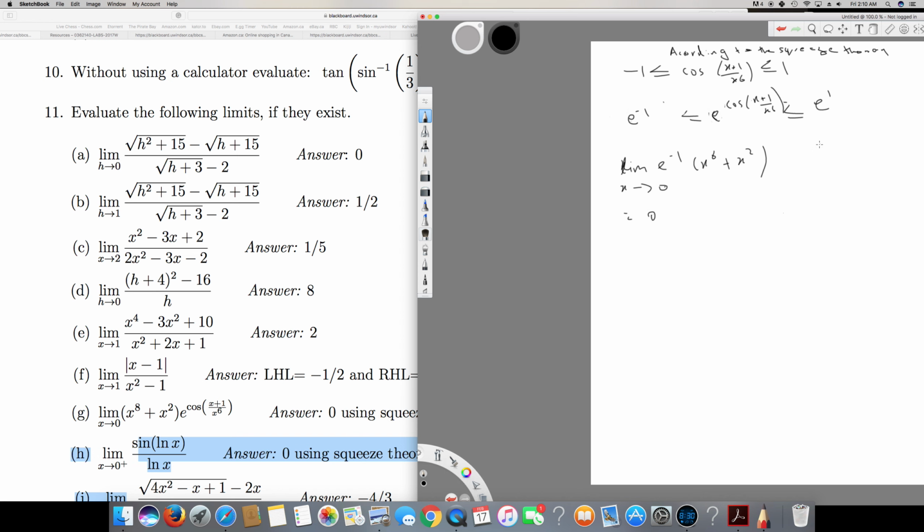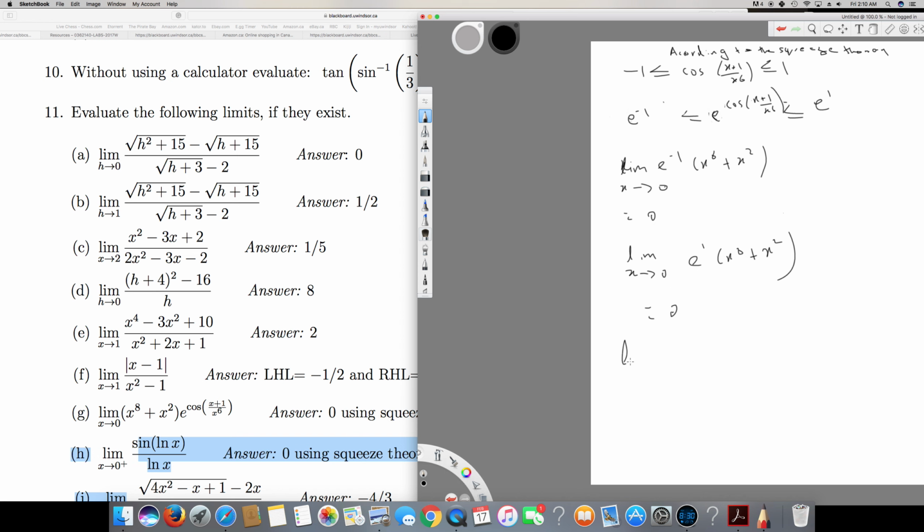Same thing for e to the 1: if I plug in 0, 0 plus 0 multiplied by e is 0. Therefore this is 0 and this is 0, so the limit is 0.